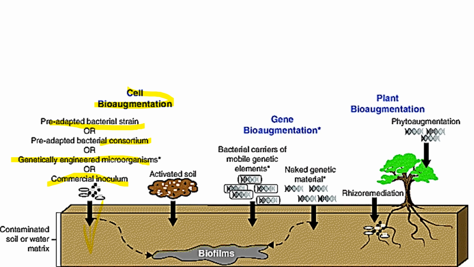So another type of bioaugmentation is gene bioaugmentation. We make sure the vectors carry mobile genetic elements which have specific genes that are capable of producing specific enzymes for the particular pollutant. So gene bioaugmentation is going to be very, very specific in nature. Similarly, yet another bioaugmentation is plant bioaugmentation.